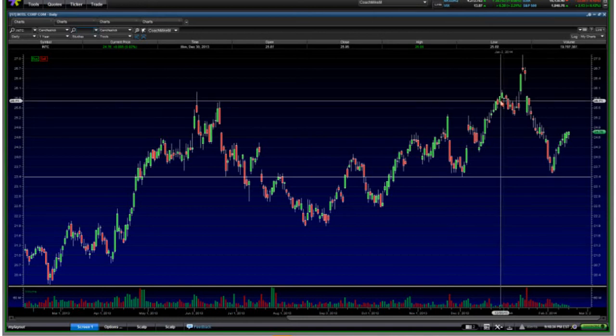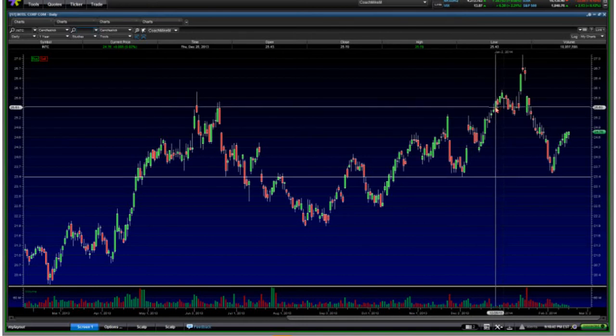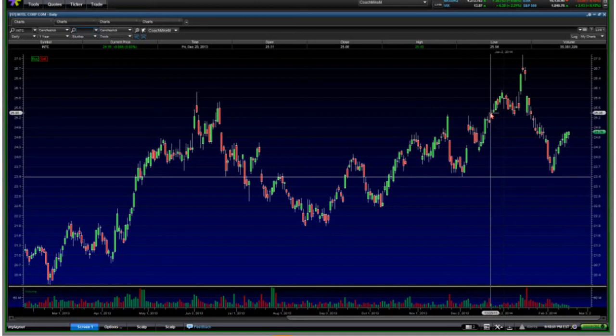When does time decay become a big factor in an options trade? I mean, when does it really, really increase and become very, very noticeable? Typically the last 2 weeks.